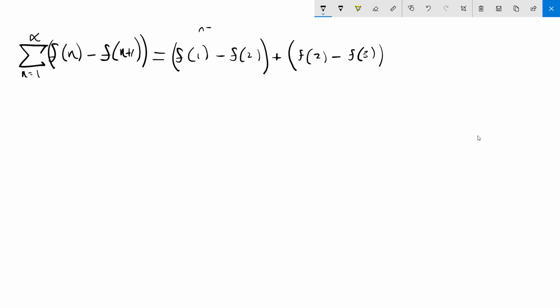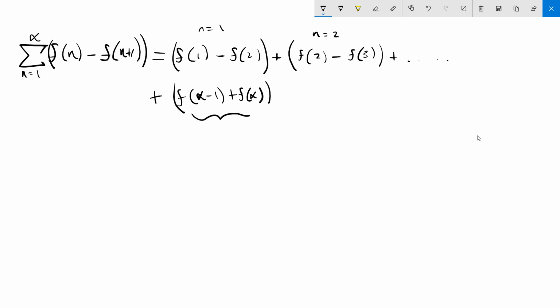Here we have n is equal to 1. Here we have n is equal to 2. We keep going on in this manner. I'm going to go ahead and write the n minus first term. So we get here f of alpha minus 1 minus f of alpha minus 1 plus 1, so just f of alpha.